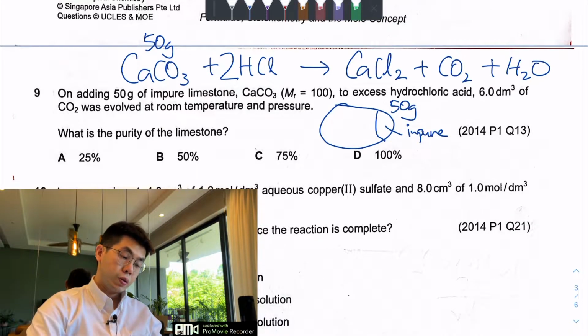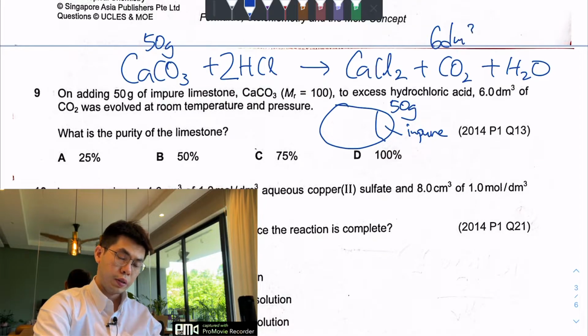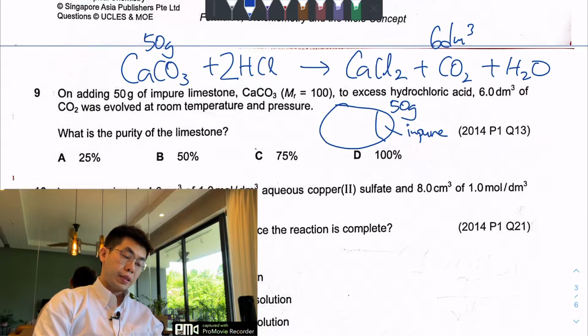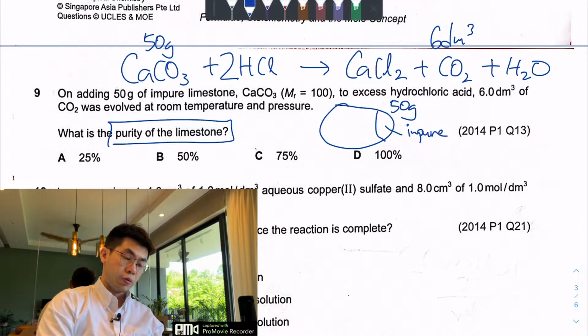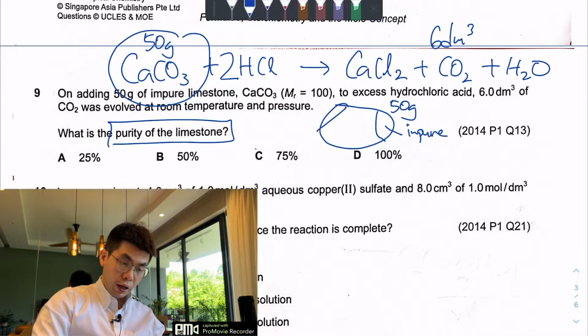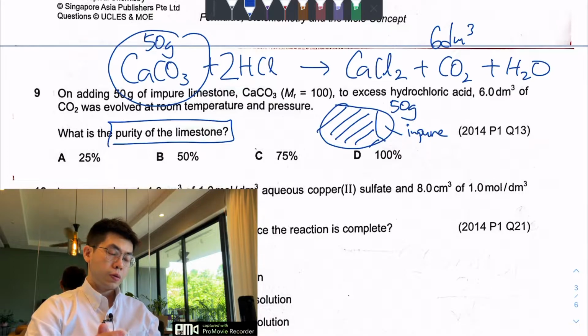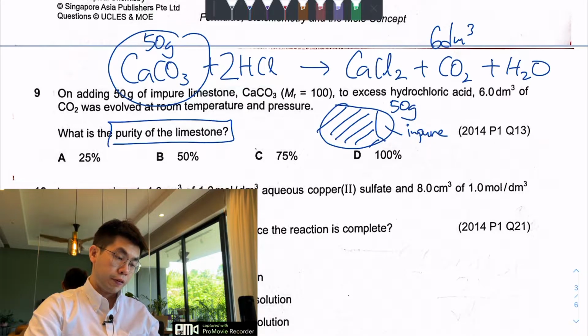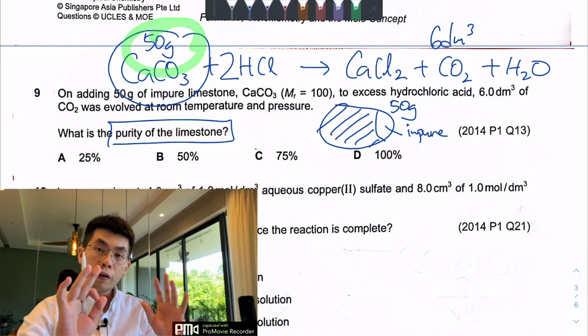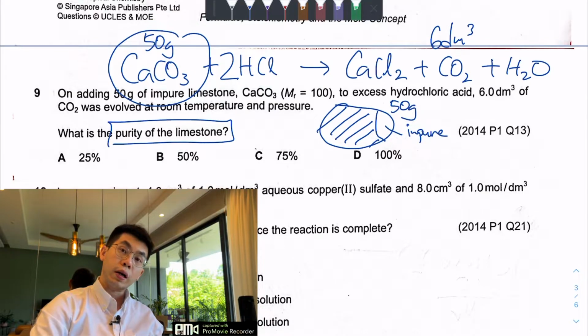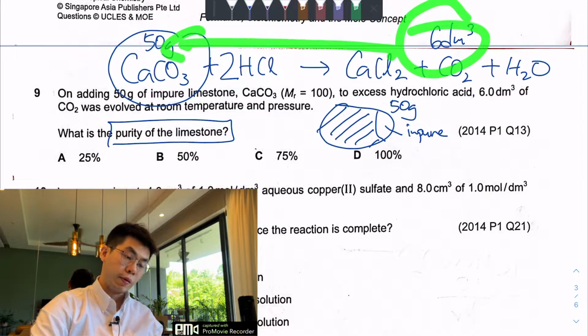Over here they also tell me that 6 dm cubed of carbon dioxide is formed. So I want to find the percentage purity of the limestone. I'm given the 50, but not all 50 will react. So I need to calculate from the 6 dm cubed backwards.